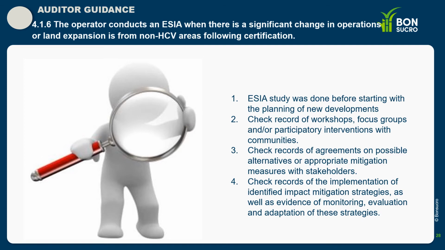If there is no environmental social impact assessment, be sure that there has not been new planting or new operations since the last certification or in the last 12 months. So to be sure that there is nothing that seems to need an environmental social impact assessment. If not, it's okay. If yes, we need to be sure that it will be done.